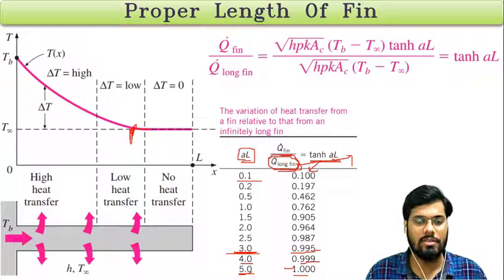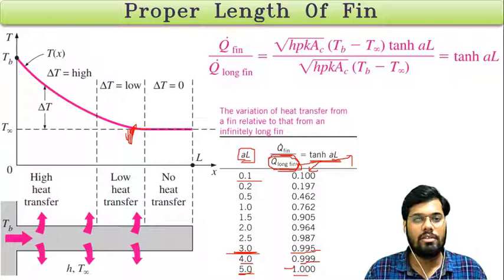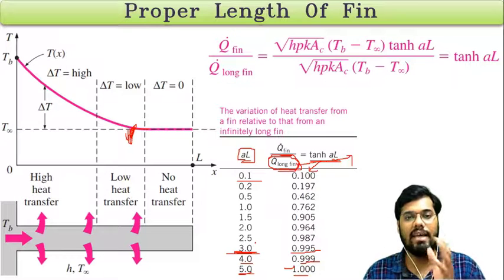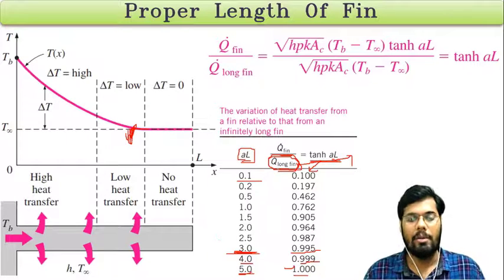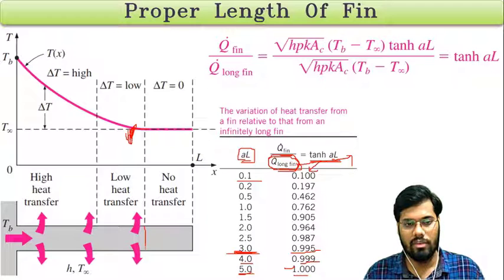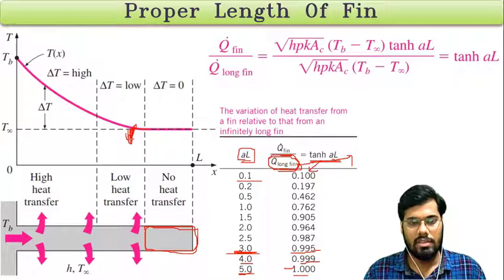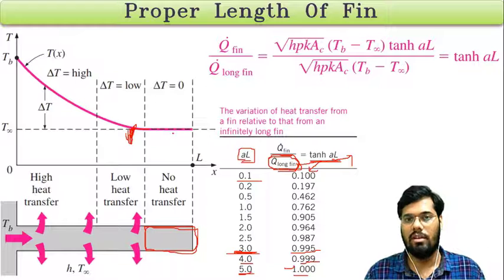So if the value of AL is greater than 3, the fin is to be considered as an infinite long fin, and beyond that the length of the fin will only increase the cost of the system and will not make any contribution to the heat transfer rate. So this is how the length of the fin is going to be decided.